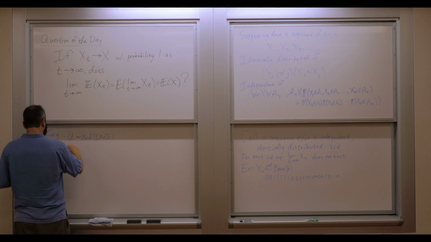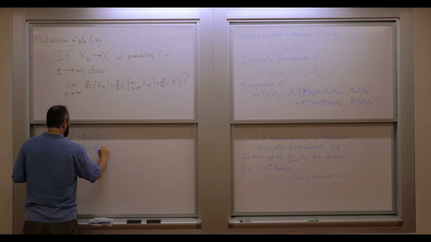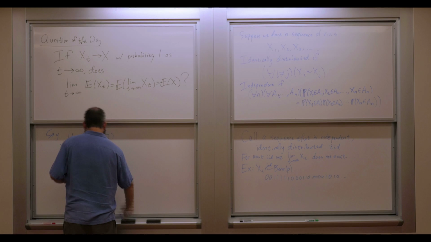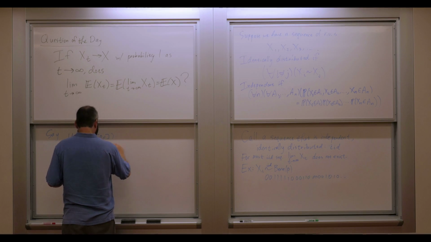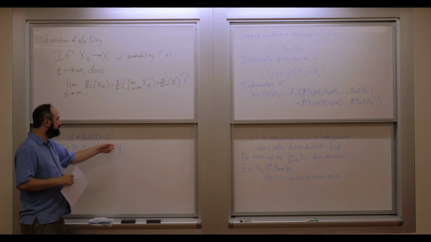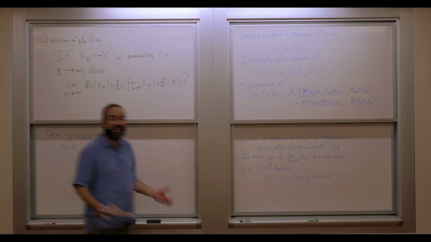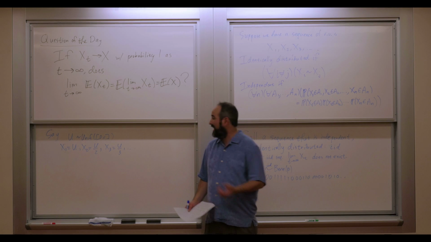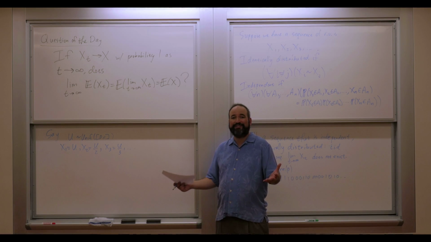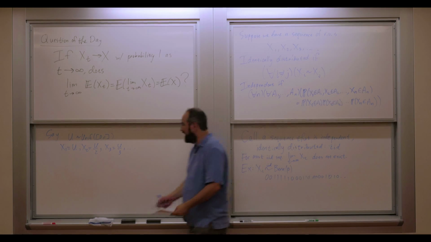And x of 1 is just u. x of 2 is u over 2. x of 3 is u over 3, and so on. Now I'm using the same u to define all of the x values. So this is definitely not an independent sequence. If I know the value of one xi, I can figure out all the values of all the other xi's. And it's not identically distributed.